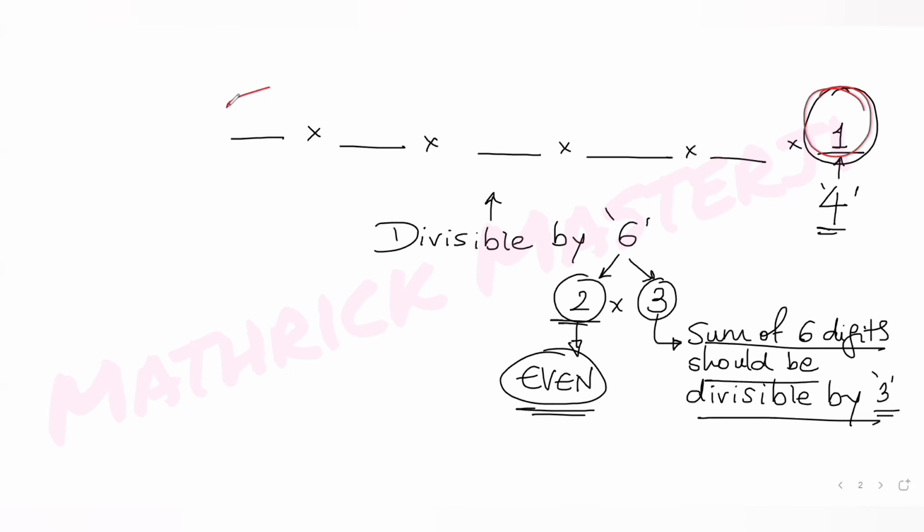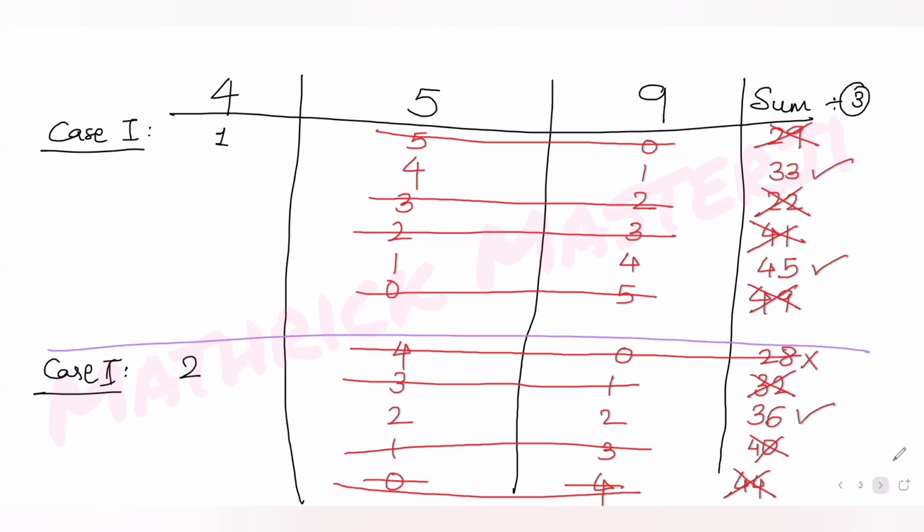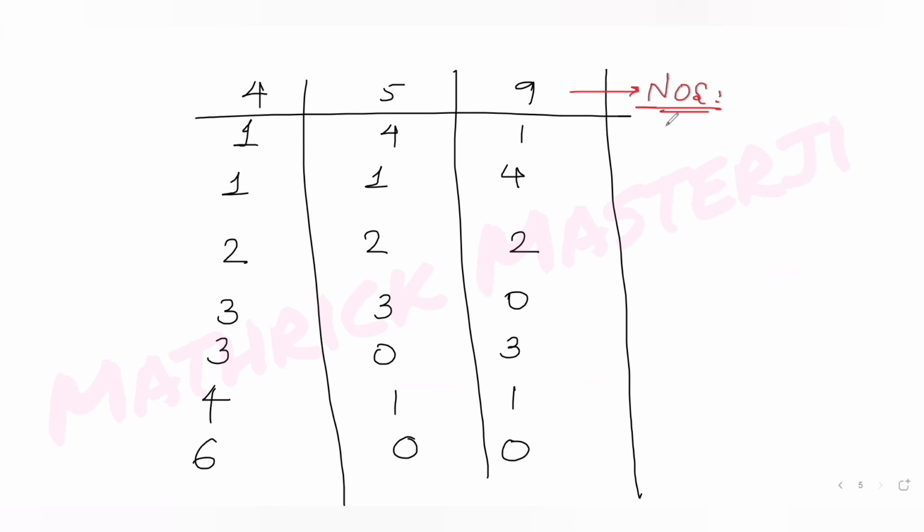So for the remaining 5 blanks, we know that n different digits can be placed in n different blanks in n factorial ways. So 5 digits can be placed in 5 places in 5 factorial ways. So you have your total number of numbers that I can have is 5 factorial.